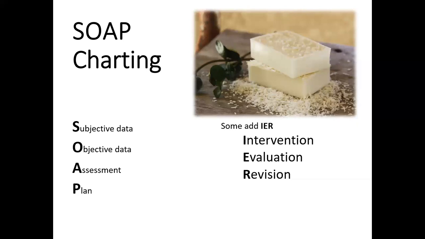And lo and behold, we do an x-ray and we have a fractured hip. So your assessment at that point is going to be the conclusion from the subjective and objective data. So it's your client's problems or nursing diagnosis or nursing concepts. So if we have a fractured hip, that's going to be their medical diagnosis.